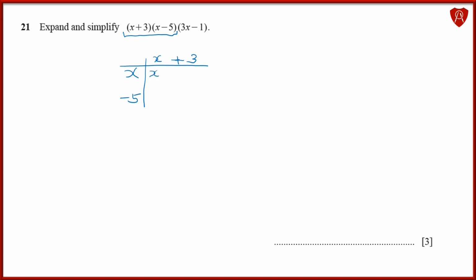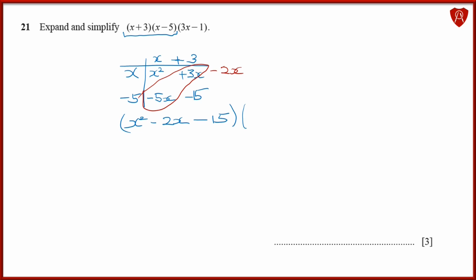We get x squared plus 3x. We get minus 5x, and we get minus 15. We need to combine the x's, which is negative 5 plus 3 will give us minus 2x. So the first pair of brackets results with x squared minus 2x minus 15.